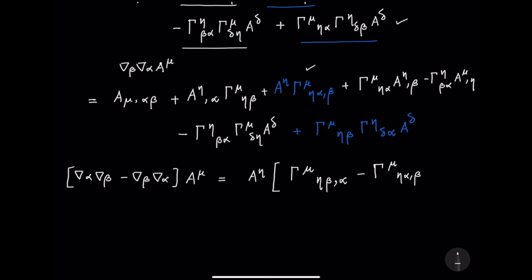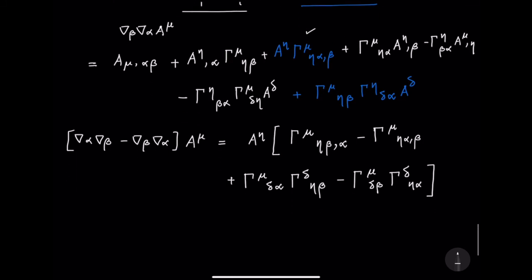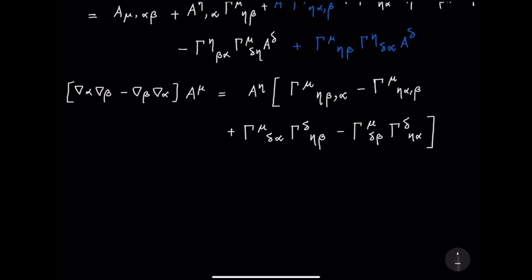So if I make delta eta, then it's fine if I take that outside. And finally, this term. What is this thing in the square bracket? Well, if you look back, it is nothing but the Riemann curvature tensor.